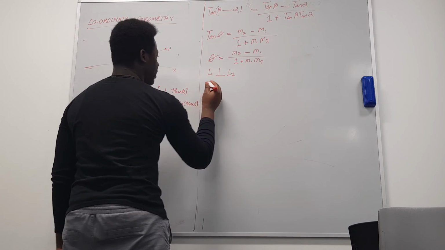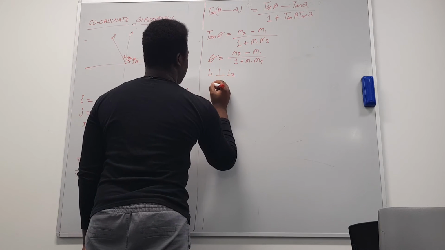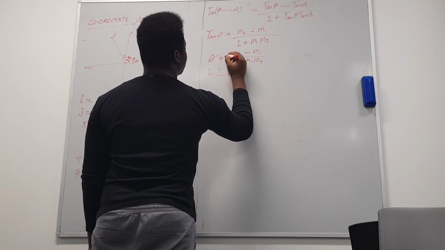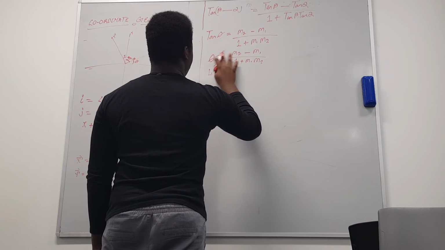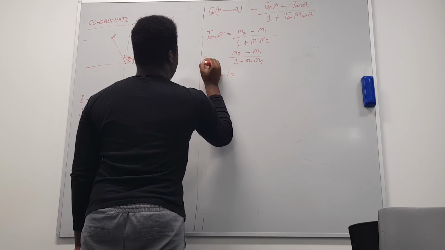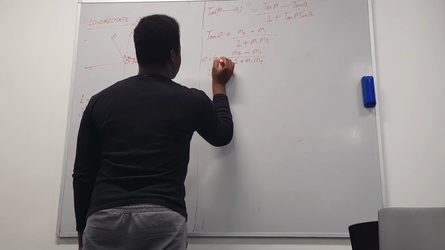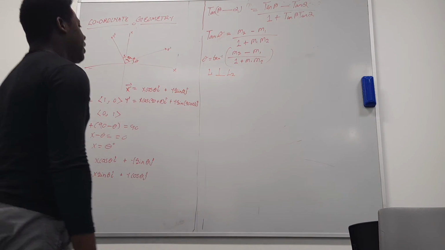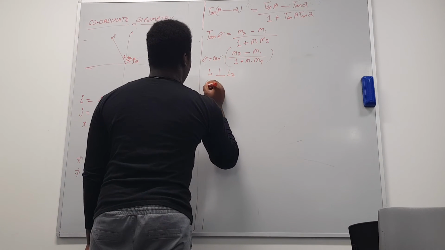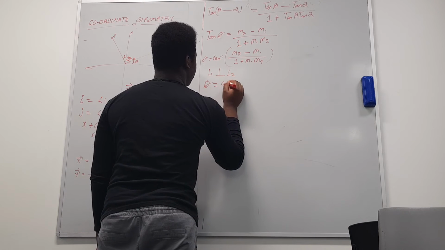So it'll be that phi, this is supposed to be a tan inverse here, I hope you know. Phi is equal to tan inverse of this. So if this is this, therefore phi is equal to 90 degrees.